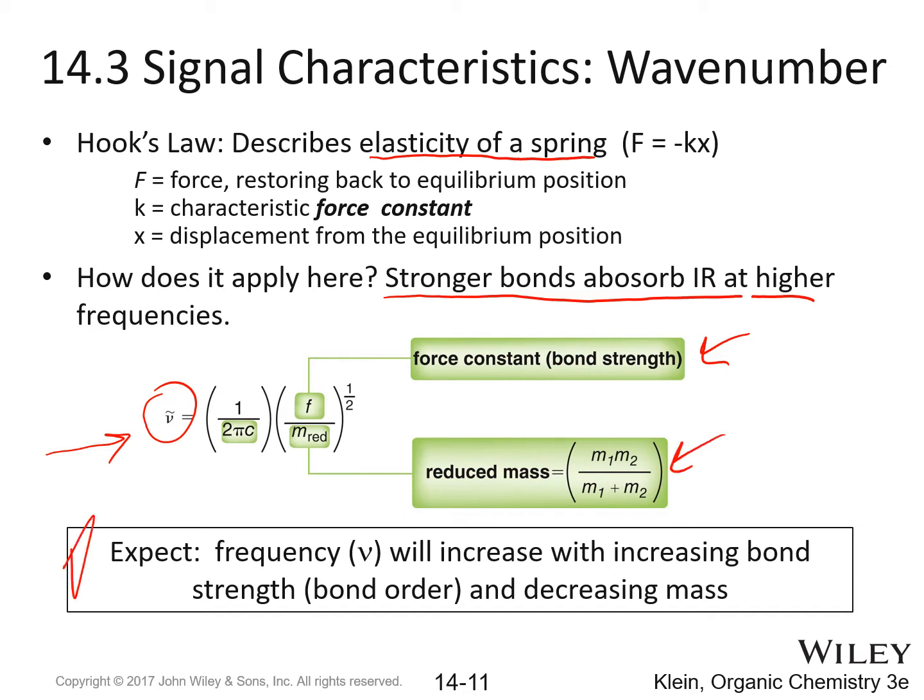So what we expect to see based on this equation is that the frequency or wave number will increase with increasing bond strength and decreasing mass of the atoms attached. Bond strength is our numerator, and the mass is the denominator.